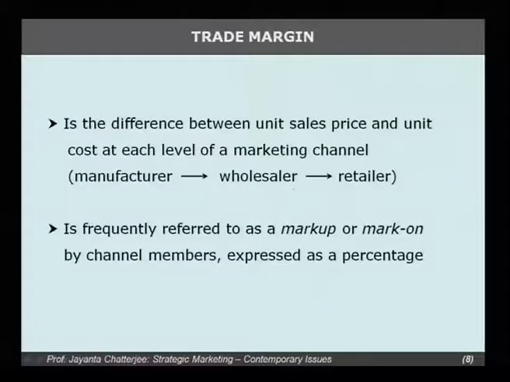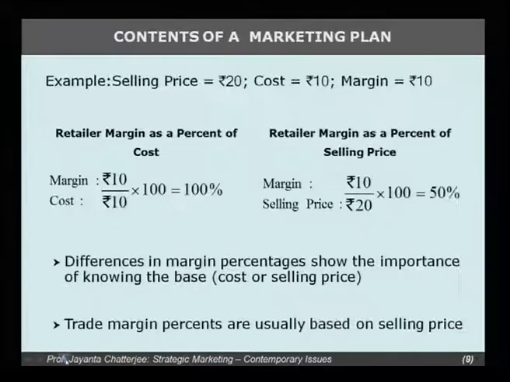At each stage there is some sharing of margin, often called markup or mark on by channel members, and it is expressed as a percentage. Let's look at some examples.